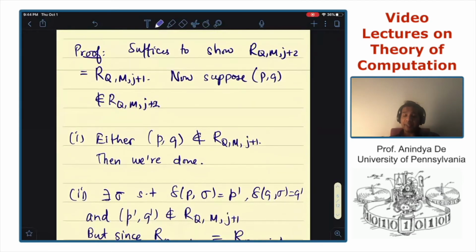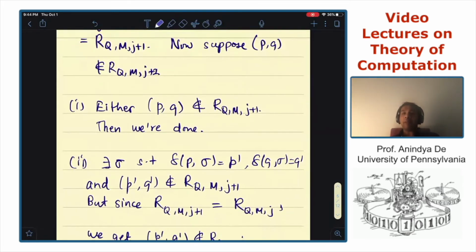Or else, if P, Q is not in R_{Q,M,j+2}, then there exists a symbol sigma such that starting from P and reading sigma, you go to P prime, and starting from Q and reading sigma, you go to Q prime, such that P prime, Q prime is not in R_{Q,M,j+1}.